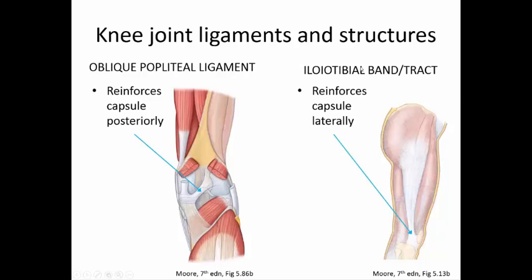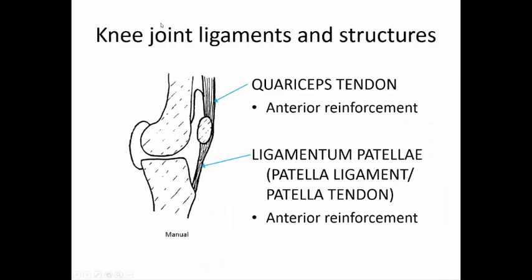The iliotibial band reinforces the capsule laterally, so it's crossing that knee laterally and it's acting like another ligament over that joint. The quadriceps tendon is all those quadriceps muscles blending together, attaching to the patella and forming a patellar ligament or patellar tendon, and this acts to reinforce the joint anteriorly.